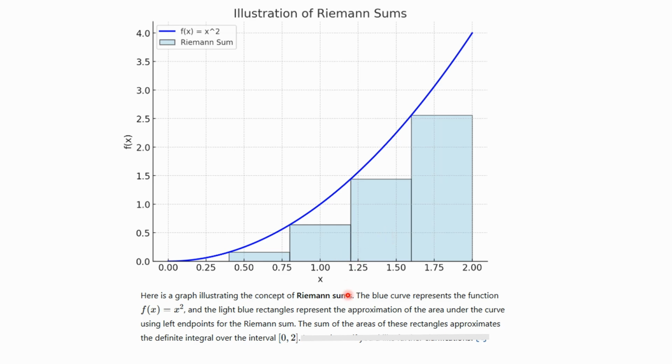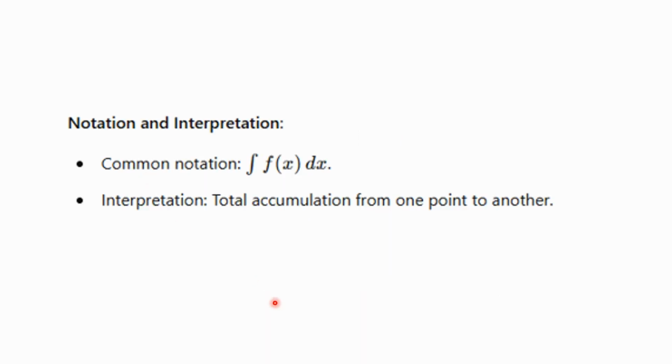The sum of these areas approximates the definite integral over the interval 0 to 2. You've got x going from 0 all the way out to 2, and f of x is the function value, which is x squared. So hopefully that diagram helps with understanding that.